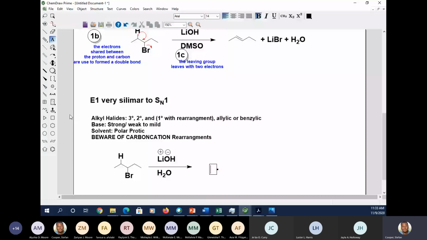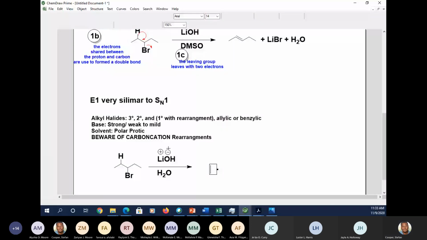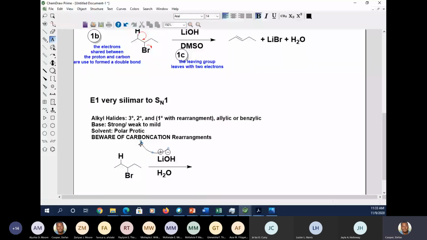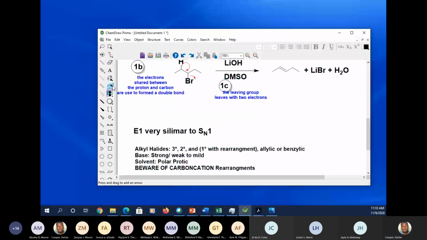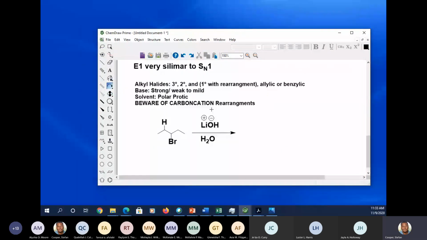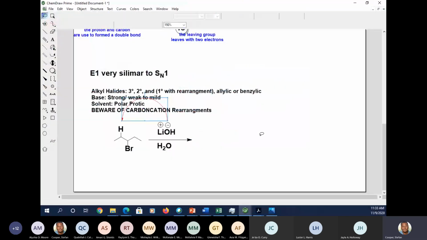Okay, so my first step is where my base is still going to pick up a proton. My first step is that my base is going to grab a proton. Okay, is that right?